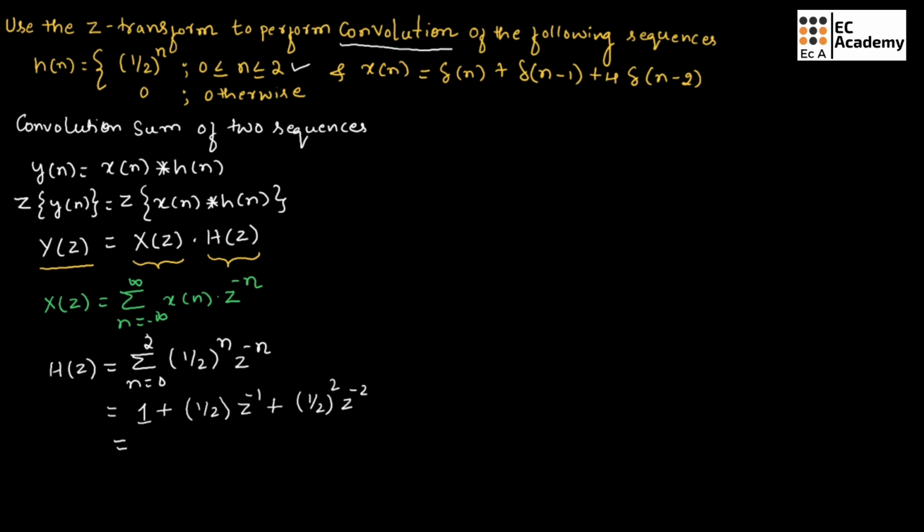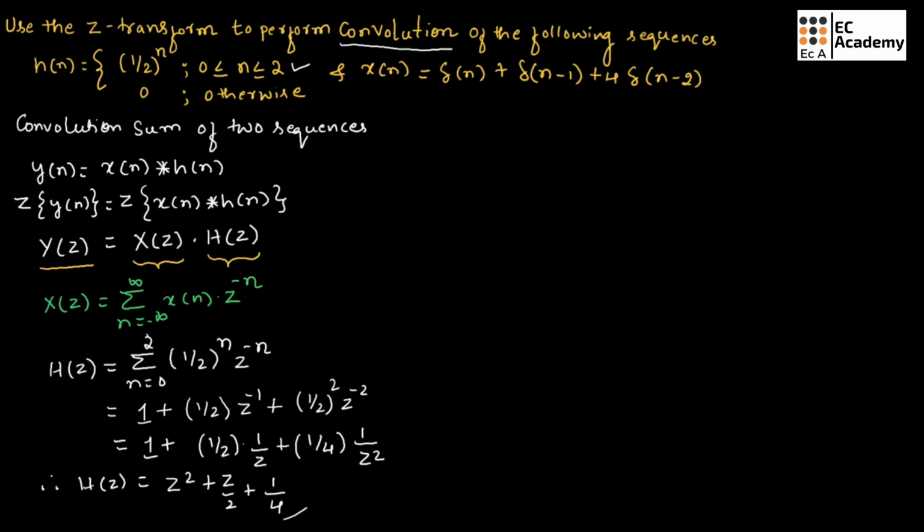So this is nothing but 1 plus 1/2 into 1/z plus 1/4 into 1/z square. Therefore, if we simplify the above equation, we can write H of z as z square plus z/2 plus 1/4.